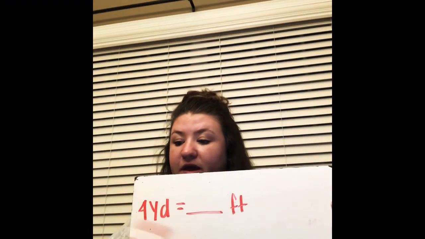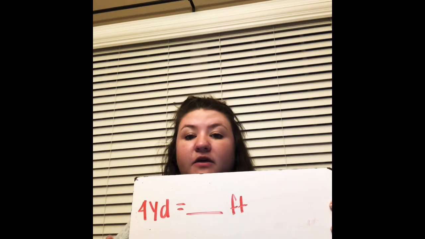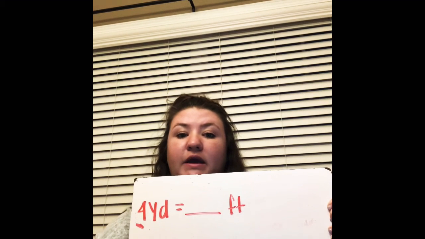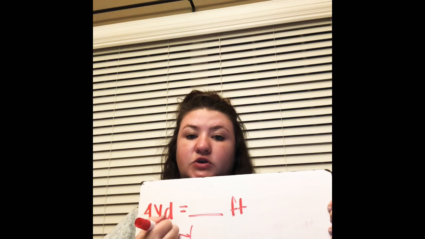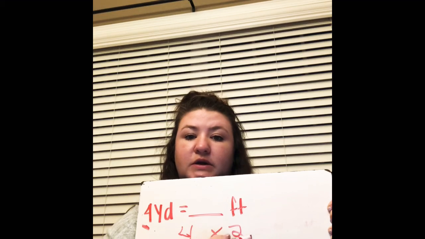Reference, 1 yard equals 3 feet, okay? We're going from yard to feet, meaning we're going to multiply. If we have 4 here and we know each yard equals 3 feet, it'd be 4 times 3, that would equal what? Say it out loud with me, 12. That's how you would find that.